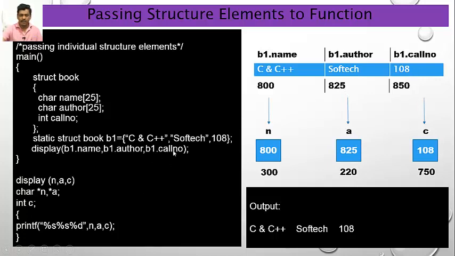So we are not passing an address here; we pass the value. Because b1.name is an array name, it passes the base address. b1.author is also an array. But b1.call number is an integer, so it transfers only 108.